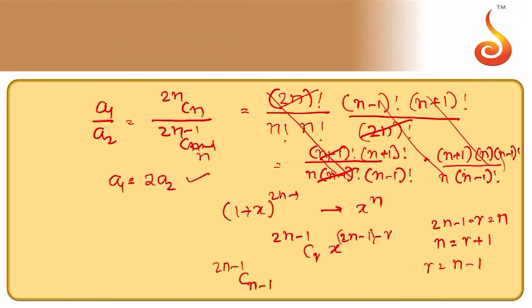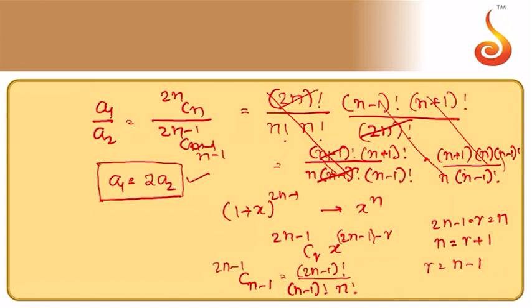So we get n equal to r plus 1, or r equal to n minus 1. We get the coefficient as 2n minus 1 C n minus 1. This will give you 2n minus 1 factorial divided by n minus 1 factorial into n factorial. If we substitute, we get A1 is equal to 2A2. Sorry for the inconvenience.